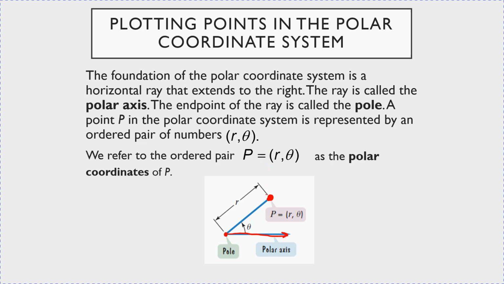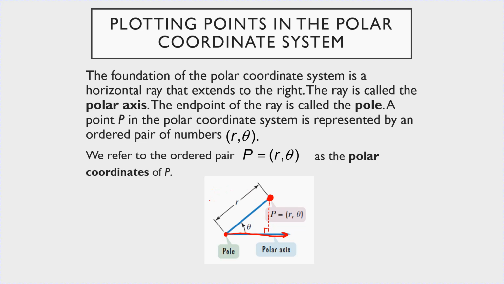And hopefully you can kind of see what's going on here. If I draw from the point down here, I can kind of get a right triangle. And you can see how we're going to start relating trigonometry to this. Here's my angle, an interior angle of the right triangle, and you can think of r as the hypotenuse of this right triangle here, okay?